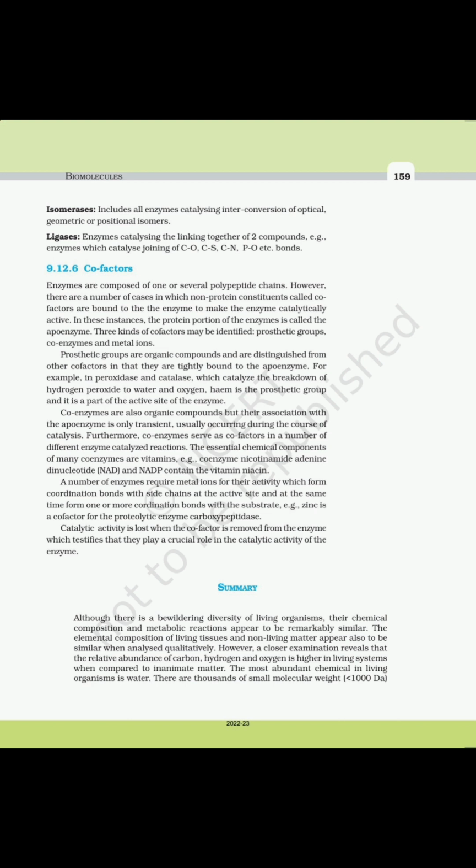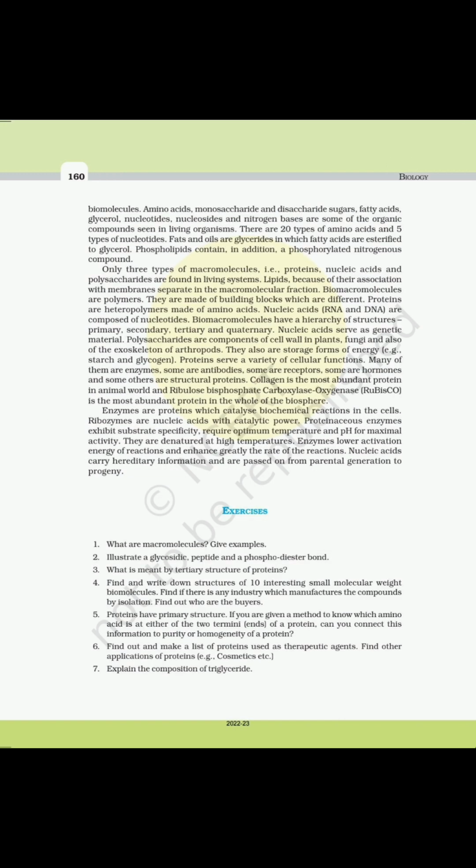The most abundant chemical in living organisms is water. There are thousands of small molecular weight, less than 1000 daltons, biomolecules. Amino acids, monosaccharide and disaccharide sugars, fatty acids, glycerol, nucleotides, nucleosides and nitrogen bases are some of the organic compounds seen in living organisms. There are 20 types of amino acids and 5 types of nucleotides.